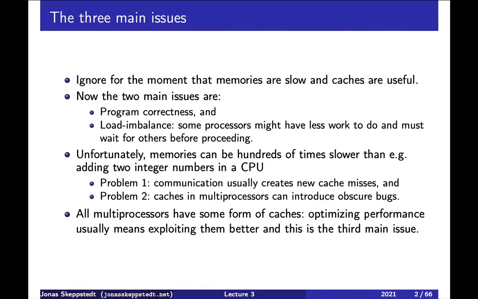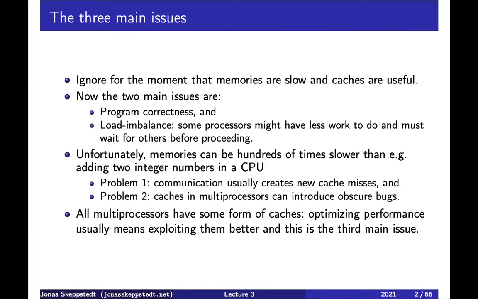Unfortunately, memories can be hundreds of times slower than a simple operation in a CPU, such as adding 2 integer numbers. And then for parallel computers, when we say that two threads or actors communicate, that usually results in cache misses, because some data is sent to another actor.